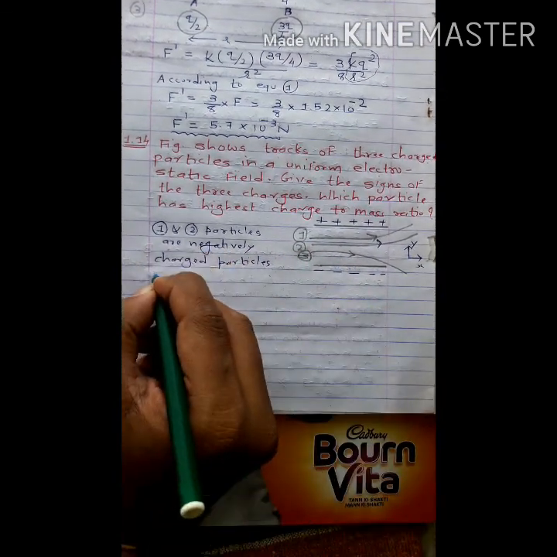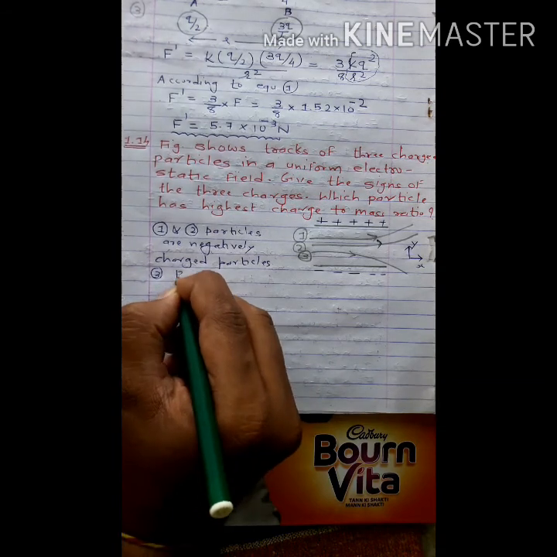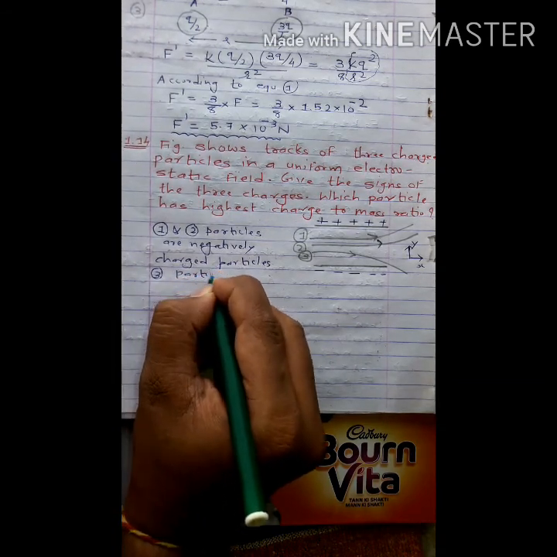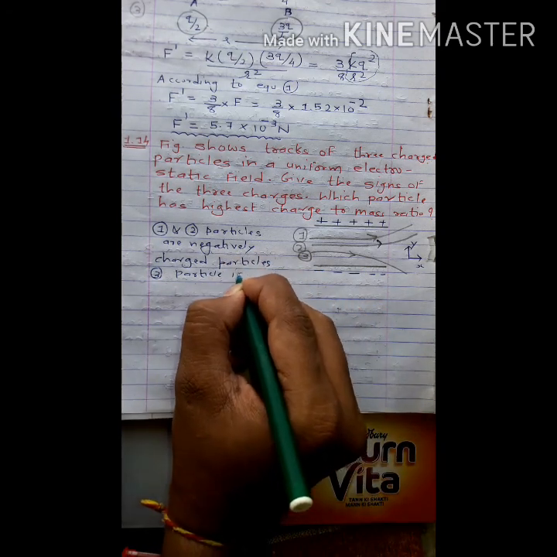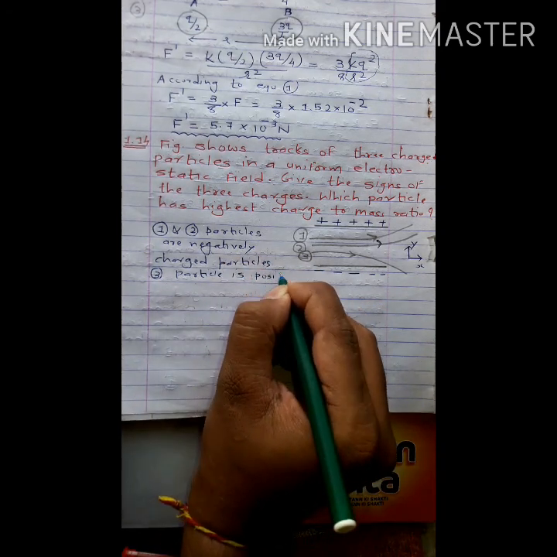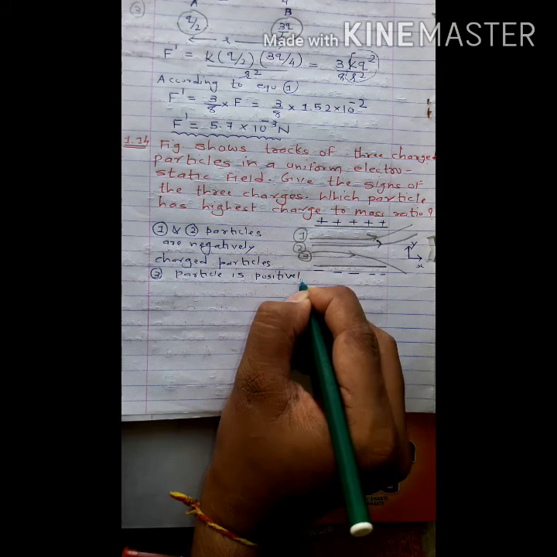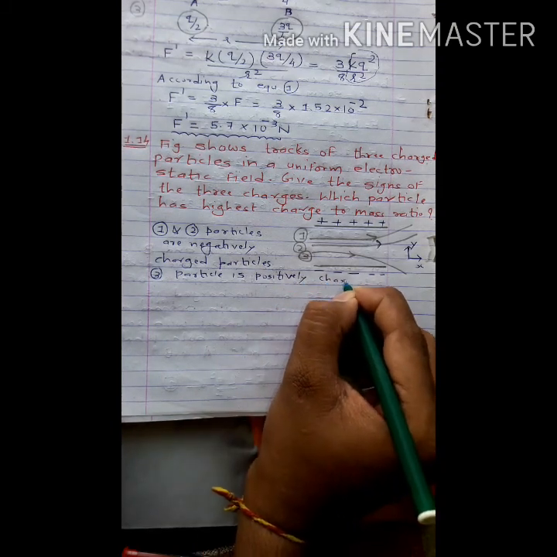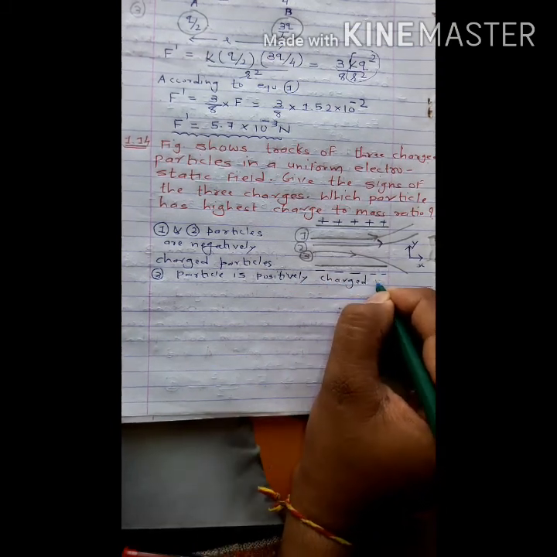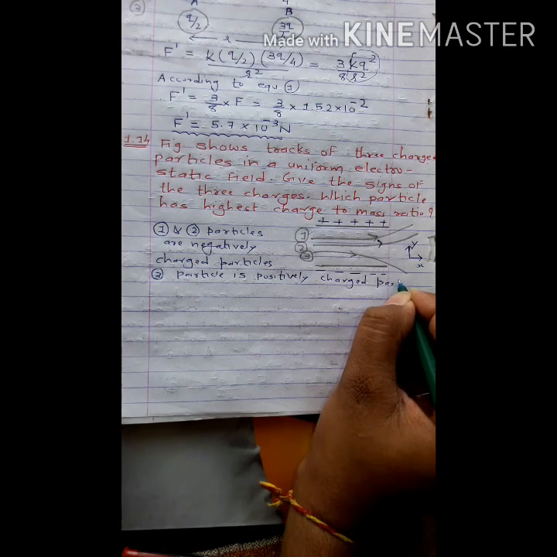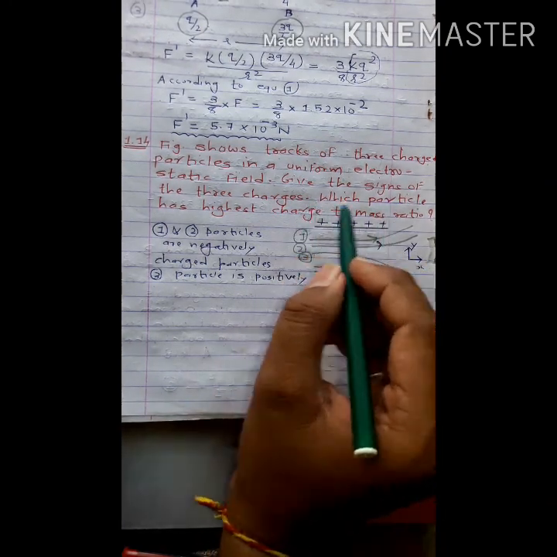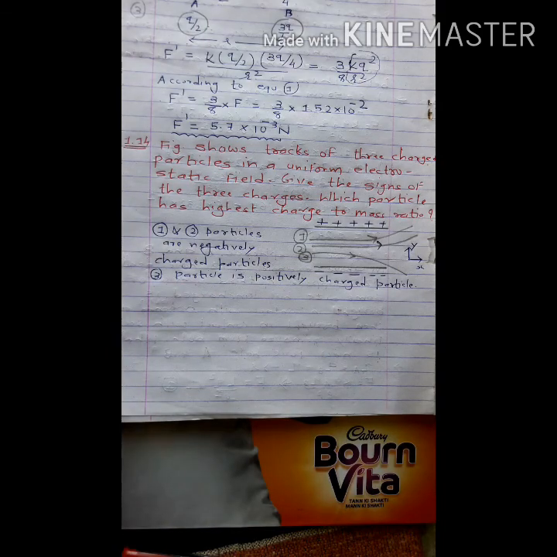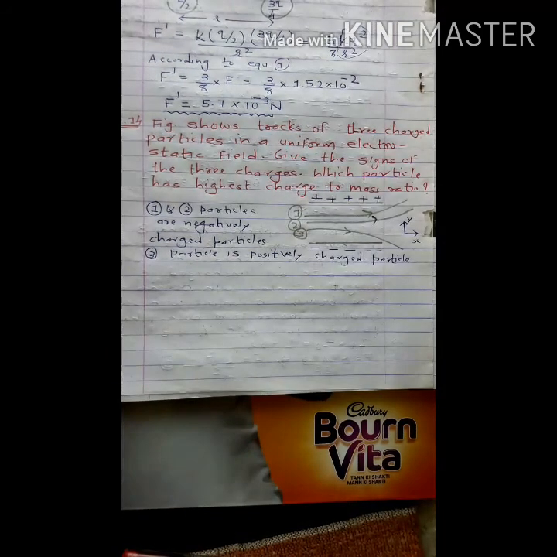Similarly, the third particle moves towards the negative plate, so the third particle is a positive particle, a positively charged particle. Now decide which particle has the highest charge to mass ratio.